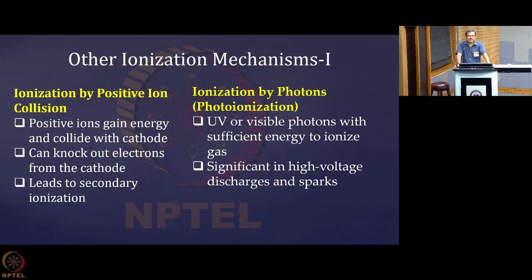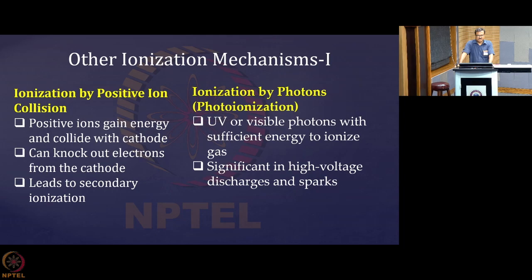In doing so, they can knock out electrons from the cathode, which are called the secondary electrons, and they can participate in the ionization process in the same way as the Townsend mechanism works. So this is ionization by positive ion collision.